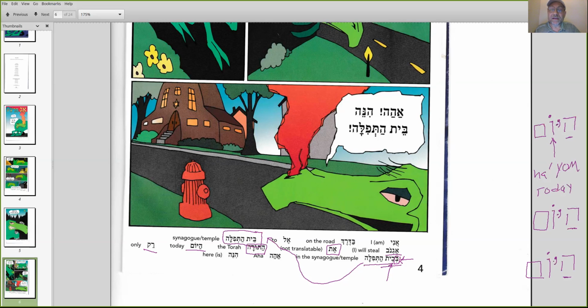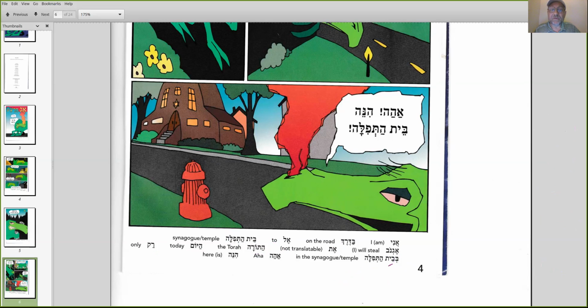So let's look here, and we'll put this together because I want you to get this word, or two words together, including the preposition. So we'll start with the preposition, okay? And we'll start with a bet, be, and now in this case, where it might ordinarily be a vet, we're not putting a dagesh in there because this preposition changes the vowel pointing in the bet and makes it revert back to a vet.